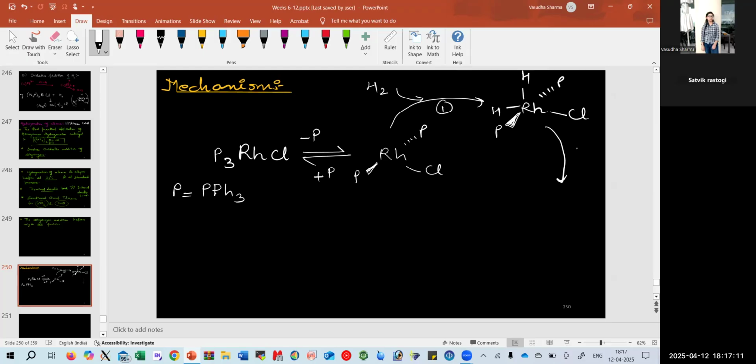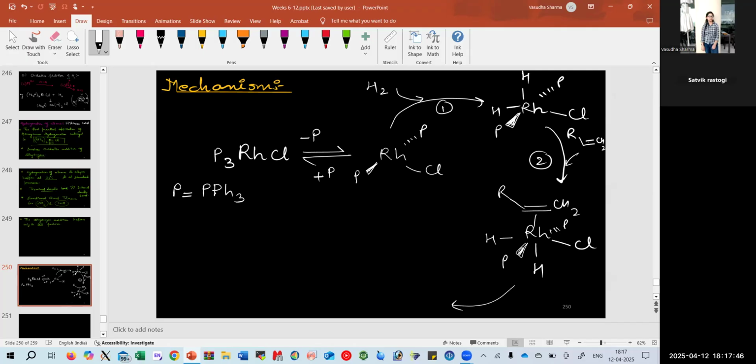Now, the second step that we are introducing here is our alkene, which is the substrate, CH2. So firstly, the alkene is going to coordinate with the metal center, the pi electron interaction, CH2, and your one H, and it's still in cis mode, and other things are intact as it is.